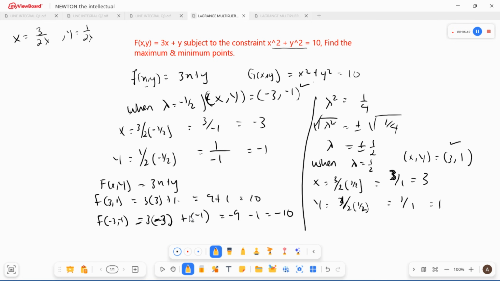Now you can see that this 10 is greater than minus 10. So which means that 3 and 1 is the value that gives us the maximum value, while minus 3 and minus 1 gives us the minimum value.